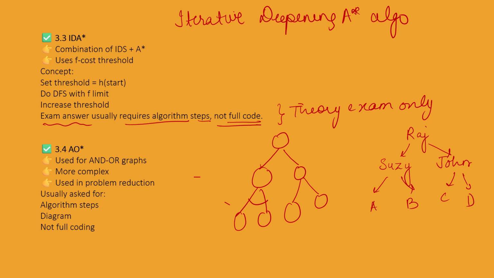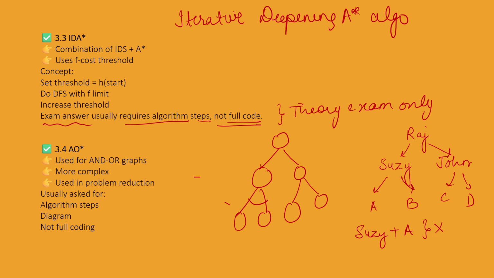Susie says that if I meet Raj, then A and B will also meet Raj. Now you can't just take A; suppose if Susie takes only A, then it is not possible.